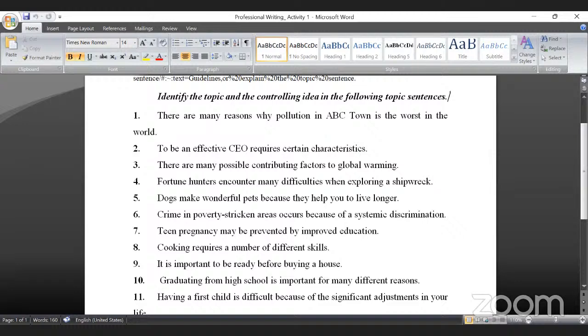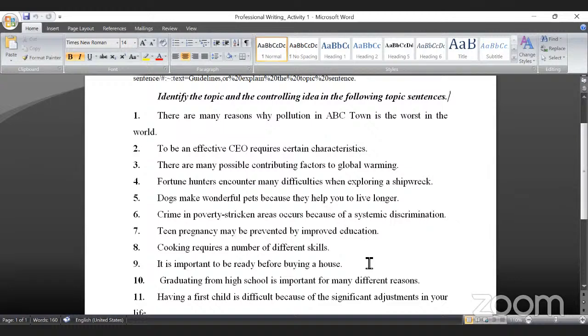Dogs make wonderful pets. Pets is your topic. And it says because they help you to live longer. Obviously, the rest of your paragraph will have to establish that claim. So basically give reasons of how they help you live longer, right? So then they help you live longer is your controlling idea. You're going to give reasons to establish that claim, that idea. Okay. Clear?